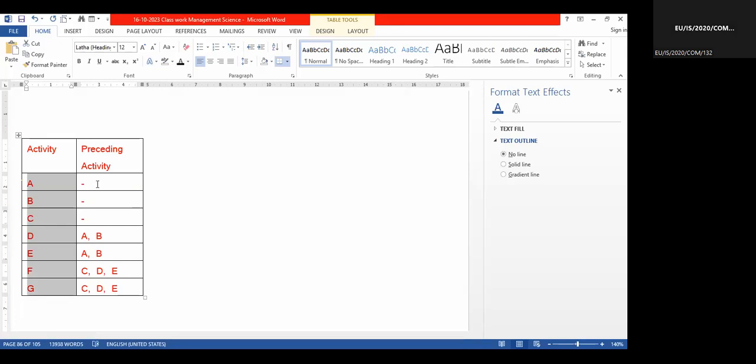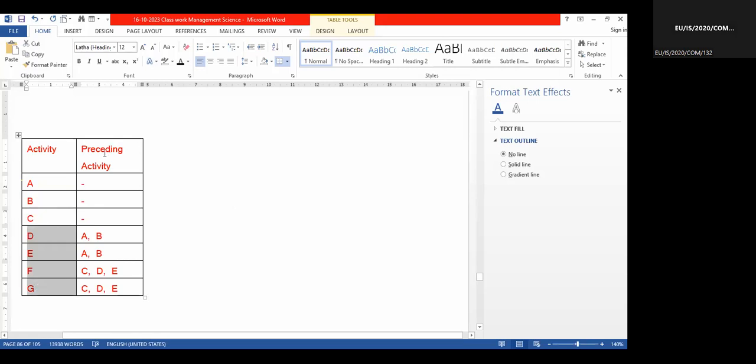So for how many activities are pre-activities or preceding activities there? 5, sir? 1, 2, 3, 4. No, only 4 activities have preceding activities.